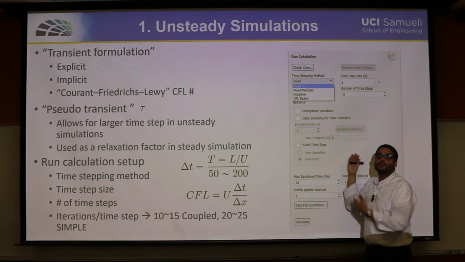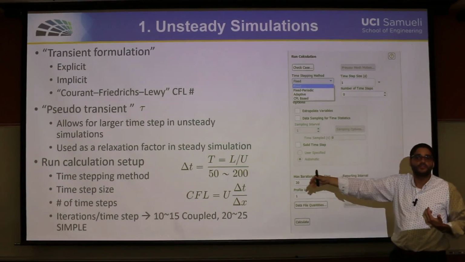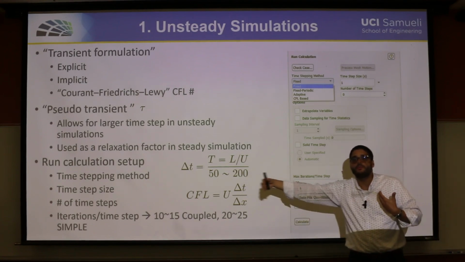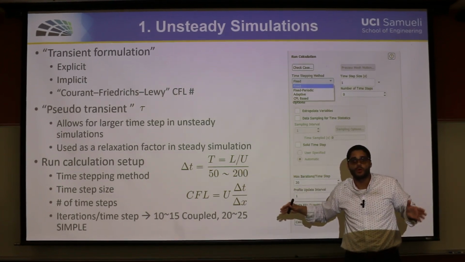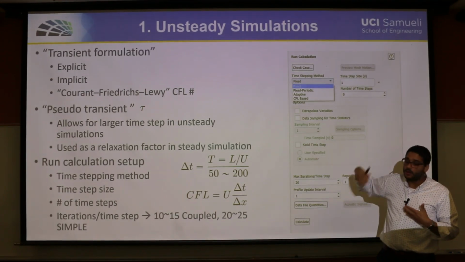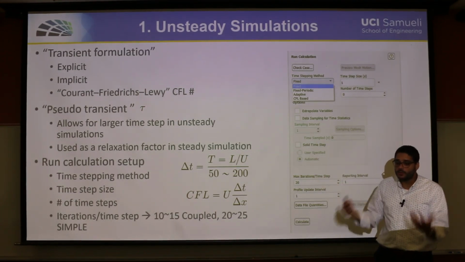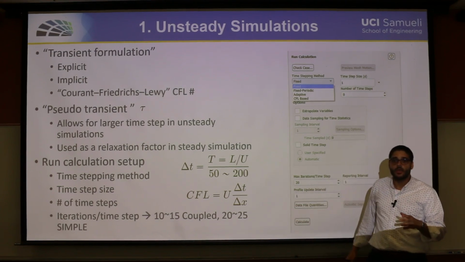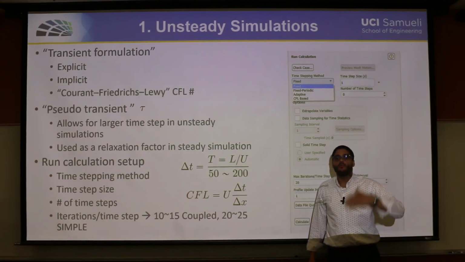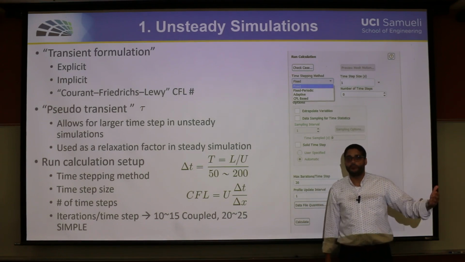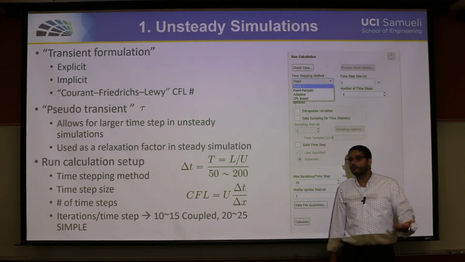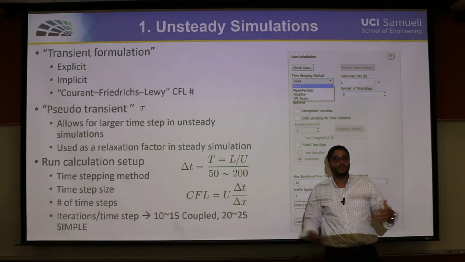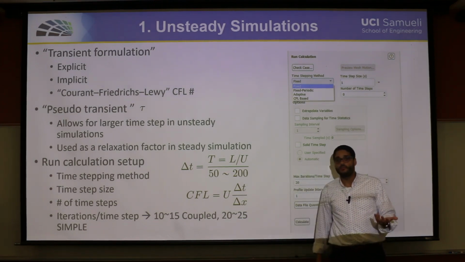In the steady solutions, we specify a huge number of iterations because we want that steady state solution to reach a converged solution and not change anymore. However, for the unsteady CFD simulation, you start with an initial condition, you have your delta t and make sure that CFL is okay, and you don't worry about the converged solution at each time step, because you are monitoring your convergence based on the time history for the CL value, the time history for the drag or any integral value.